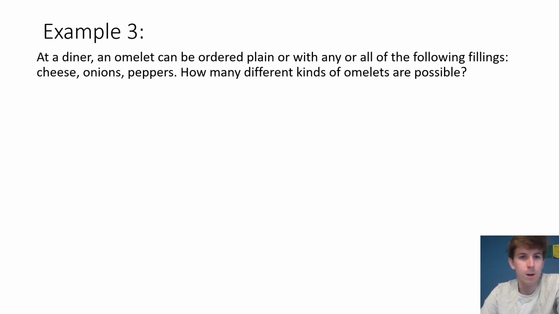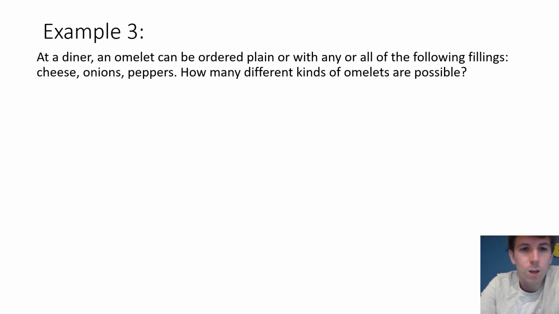All right, in an effort to keep this video fairly short, this will be our last example. So we have a diner. An omelet can be ordered plain or with any of the following fillings: cheese, onions, and peppers. Pretty basic diner. Can't even get any sausage or bacon going. So how many different kinds of omelets are possible? All right, so this one's a little bit more complex.